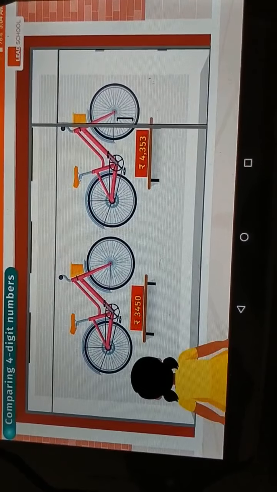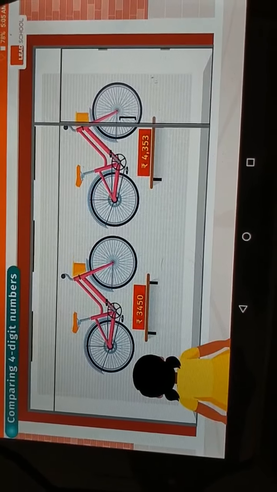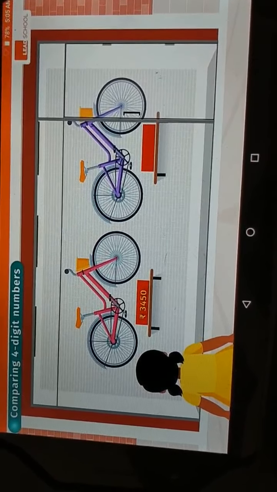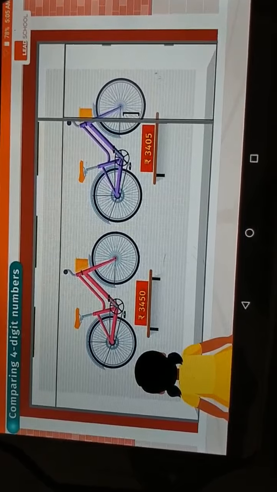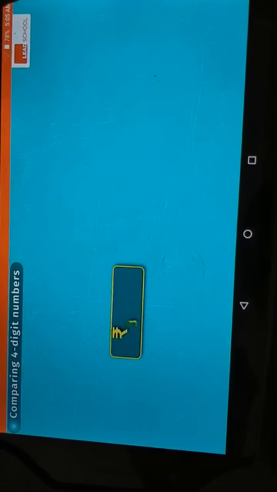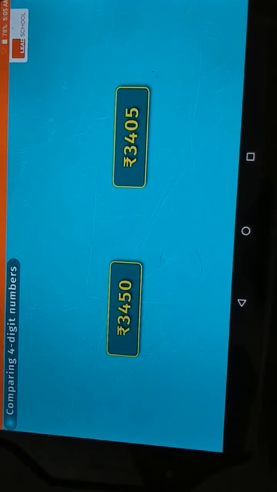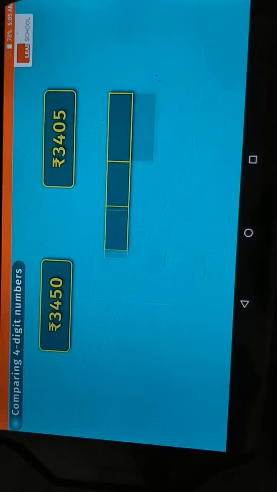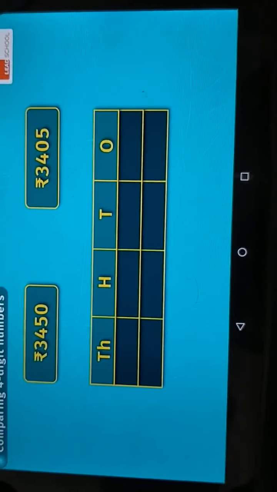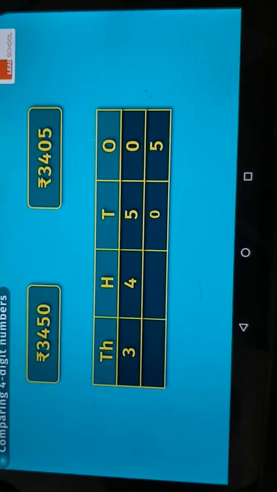Just when Sana was about to buy the bicycle, the shopkeeper showed her another bicycle. The cost of this bicycle was 3,405 rupees. What should we do now? Yes, we will compare the prices again. First, we will create the place value table. Then, we will write the numbers in the table as done earlier.